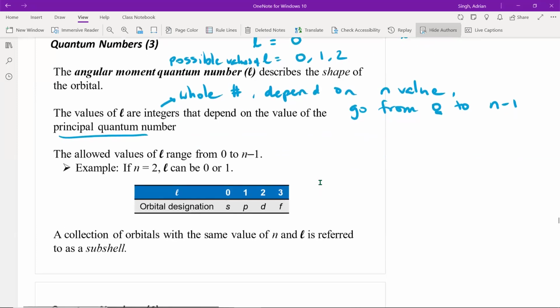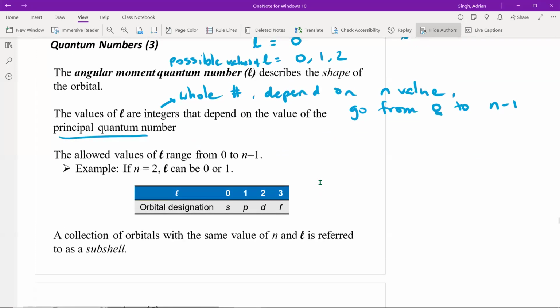And whatever value for L we describe, we can use a letter to designate that particular angular momentum quantum number, and that tells us the shape of the orbital. So if L equals 0, like it was before, we say that that's an s orbital, lowercase s. Okay, and then this describes the shape, remember.